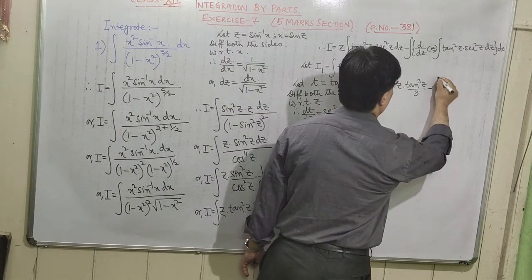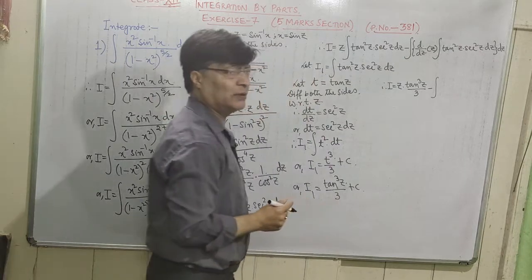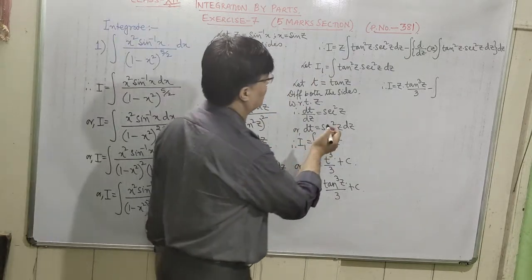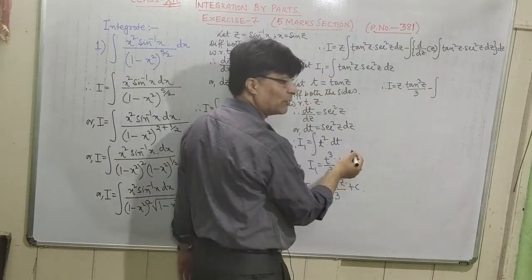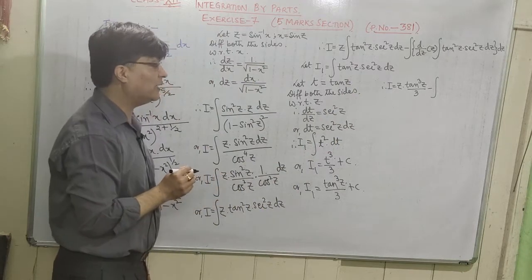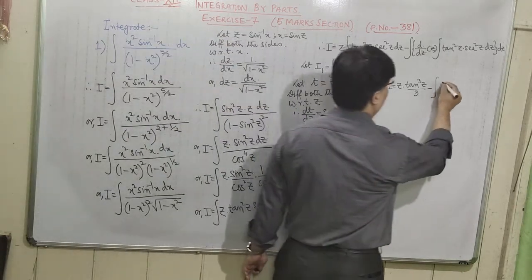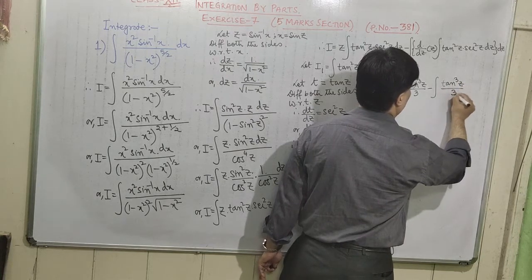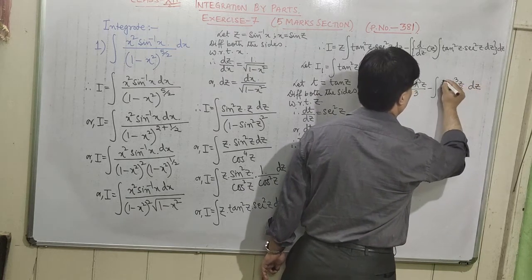Minus integration of d by dz of z is 1. You don't have to write it. What is integration of tan square z sec square z dz? Again, it is tan cube z by 3. Then what do we write? dz.